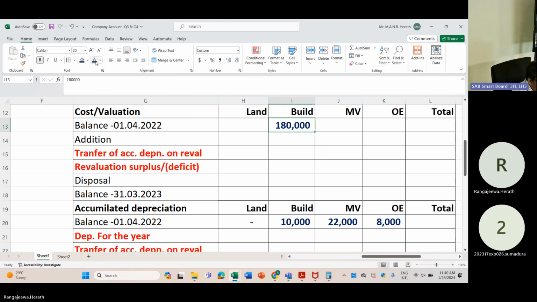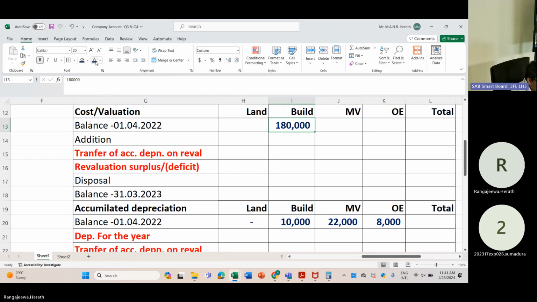What is there in the trial balance? This is without accounting for the current year revaluation. There is no addition or disposal, so the balance at the beginning of the year is 180, which was after revaluation in the previous year.